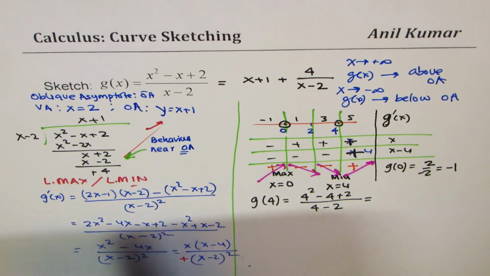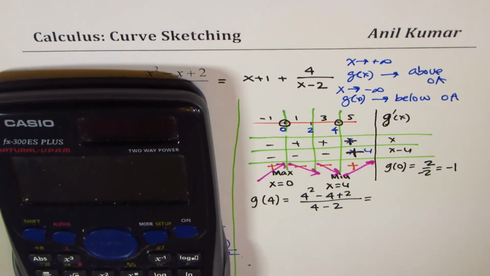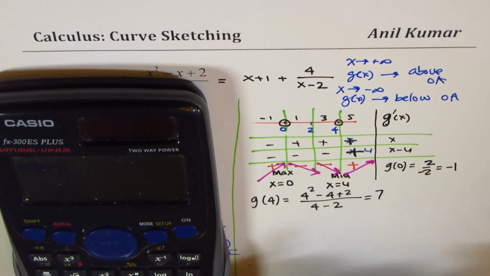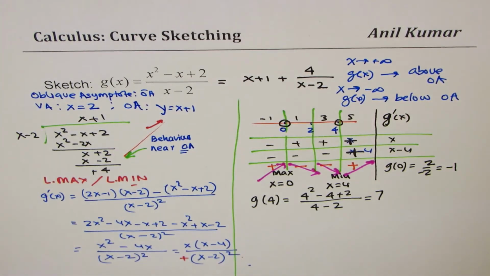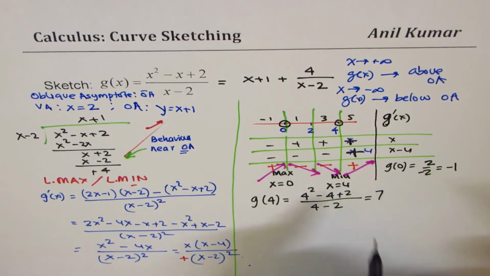Let's take the calculator, calculate this value. So we have 4 square minus 4 plus 2, divided by 4 minus 2, which is 2. So we get a value equals to 7. So that gives us the local minimum, right? So local maximum, minimum we have got.